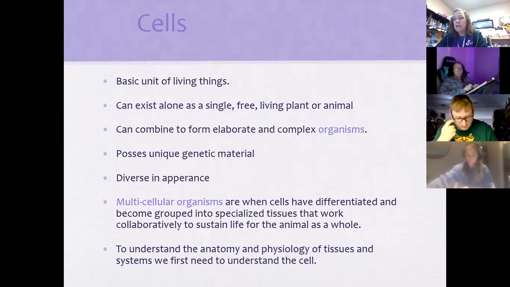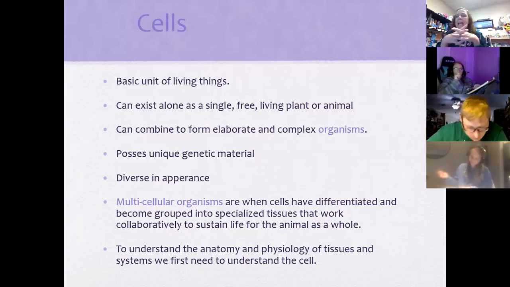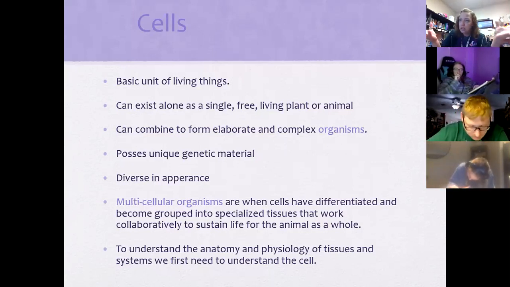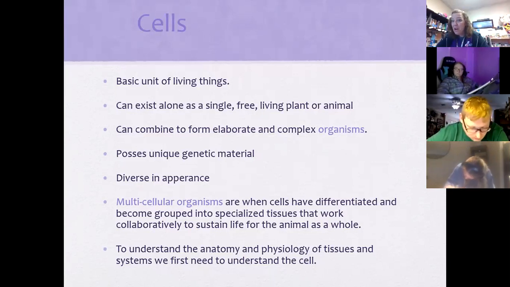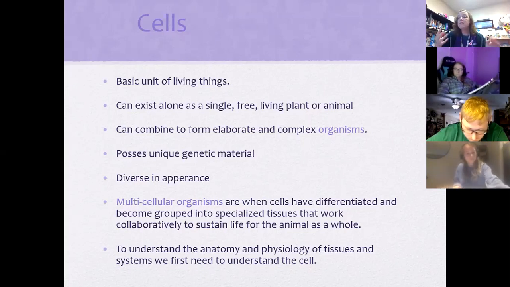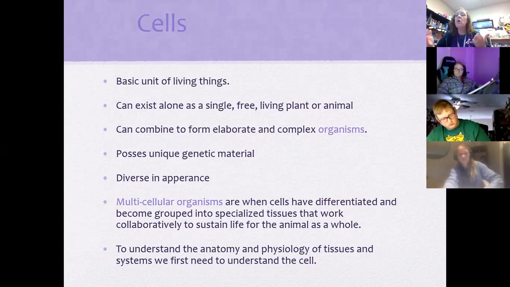Now, ultimately, cells contain the same structures for the most part, but they can look very, very different depending on where they are in your body. For example, a muscle cell looks very different from a nerve cell. And a nerve cell looks very, very different from a kidney cell. And that's because form follows function. The function of the cell is going to determine what it looks like and how it works.